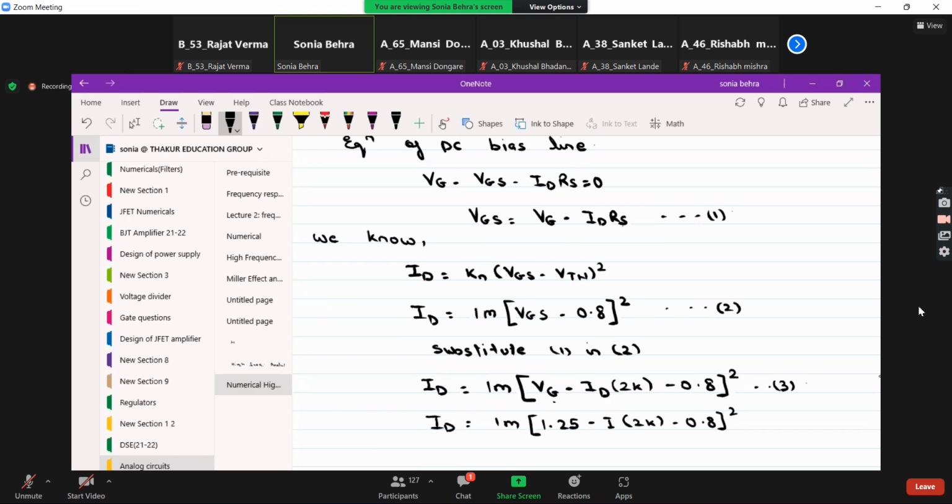So 1.25 minus 0.8. ID is equal to 1 milli into 1.25 minus 0.8. How much is it? Please give me that value.